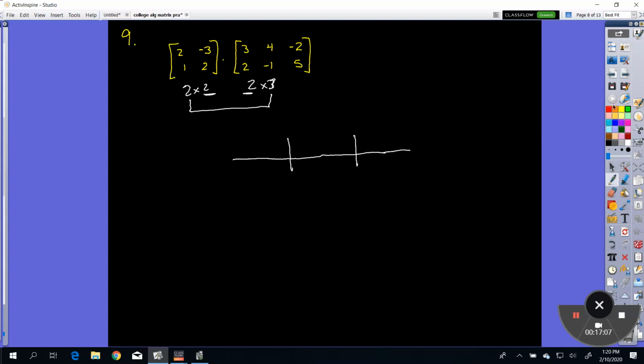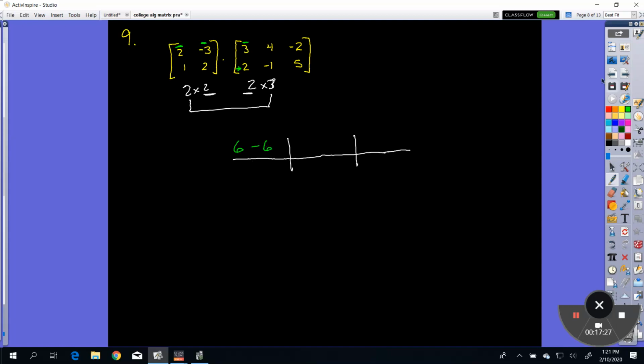So when we multiply, we take the first one here and the first one here and multiply. So 2 times 3 is 6. Most people get that part right. But then you have to take the second one in the row and multiply it to the second one in the column. So negative 3 times 2 is negative 6.